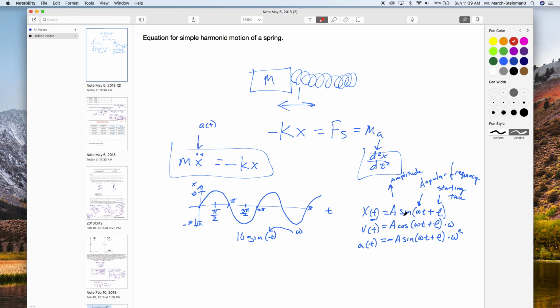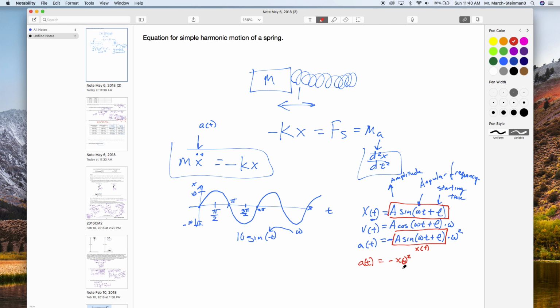Now, I'm going to show you that this expression appears again in my acceleration. That expression itself is essentially x of t. And so a of t is really negative x omega squared.